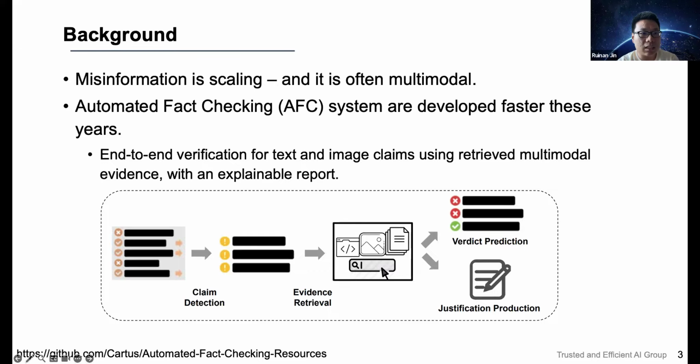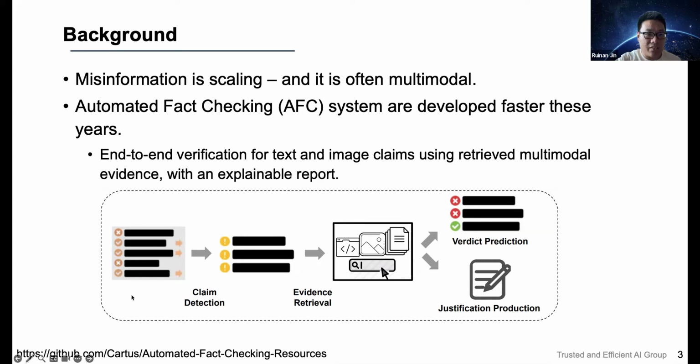So there is a technique called automated fact-checking systems that has been developed fast in these years. And here is a brief framework about how it works. It is an end-to-end verification for text and potentially image claims, using retrieved multimodal evidence with an explainable report.